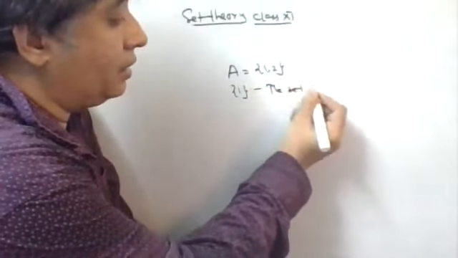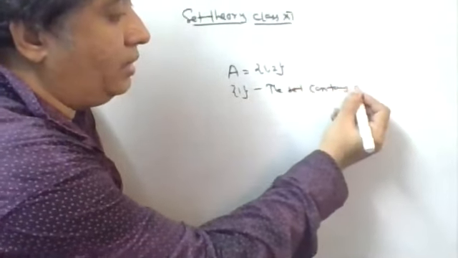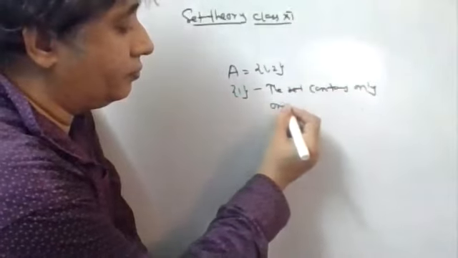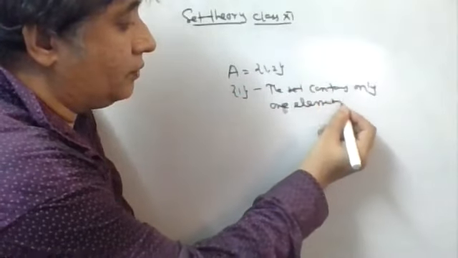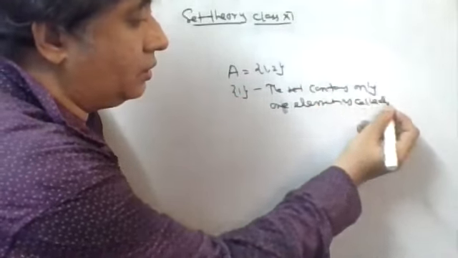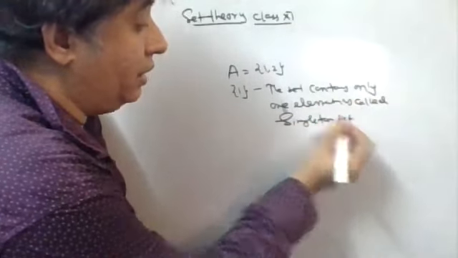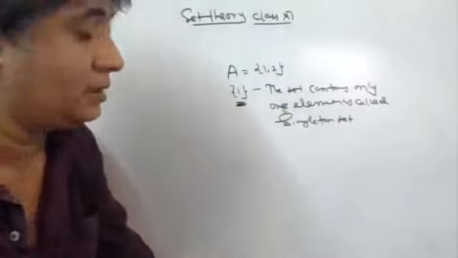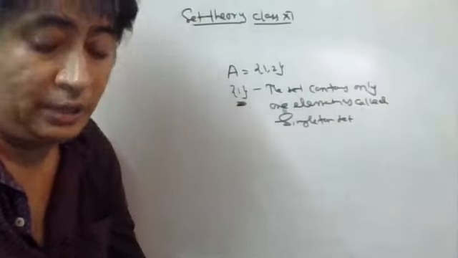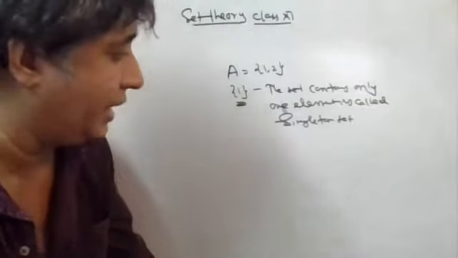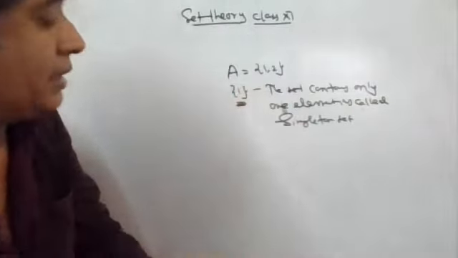The set that contains only one element is called a singleton set. Okay, like a set containing no element is a null set or empty set, and one containing only one element is a singleton set.